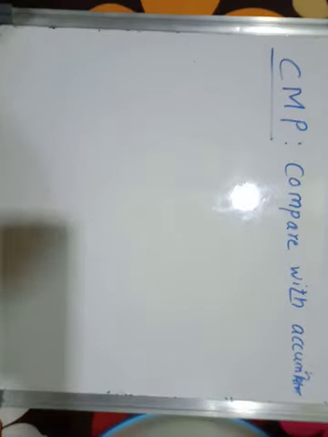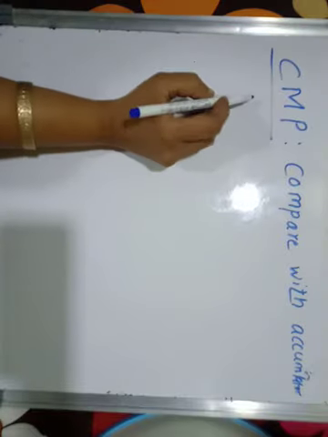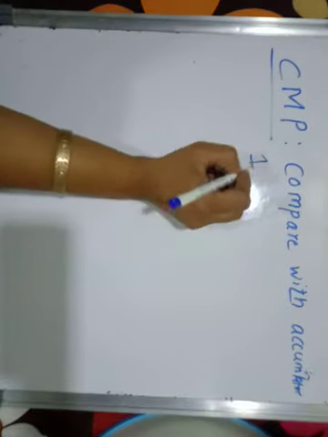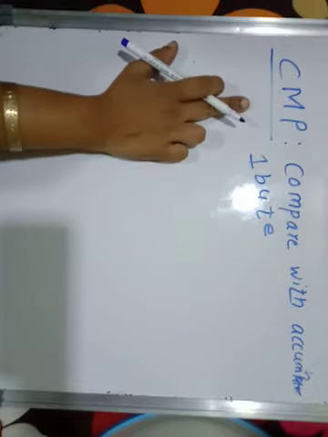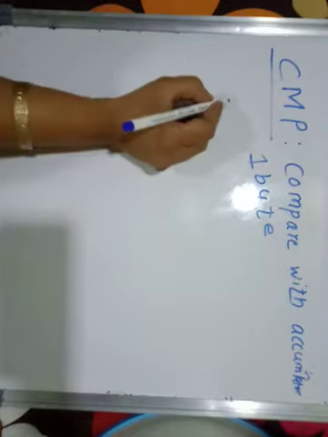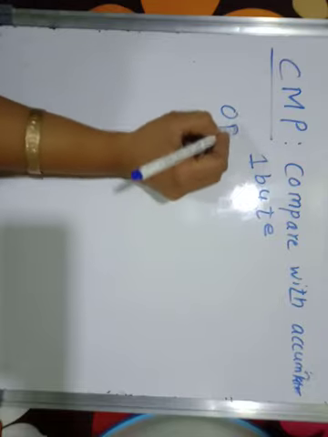Now in case of this instruction, it is a single byte instruction. So this instruction compares the content of the operand with the contents of accumulator. What does this instruction do? It is a single byte instruction. So this instruction compares the content of operand.